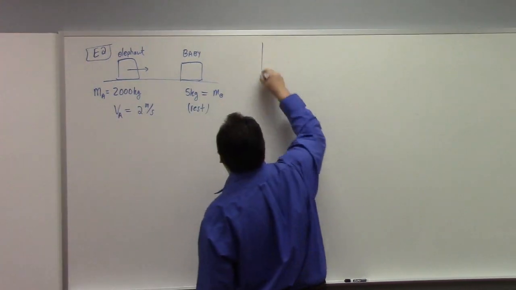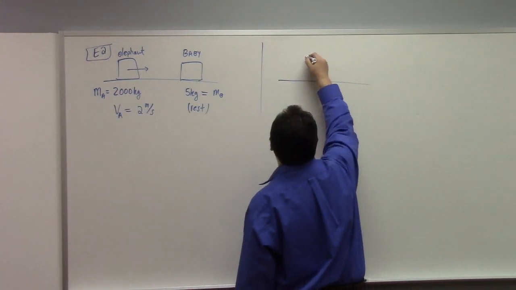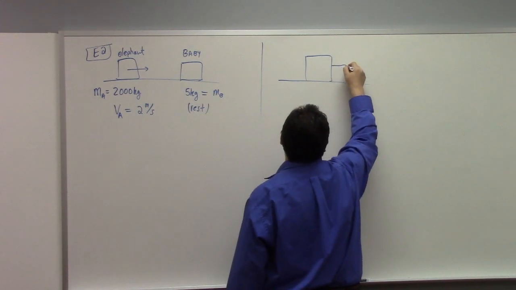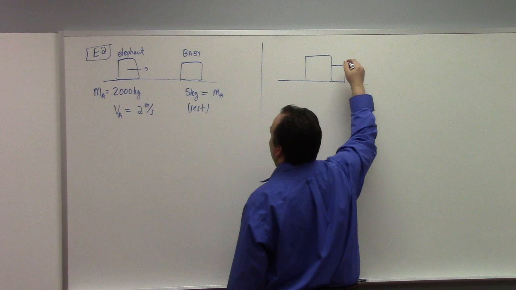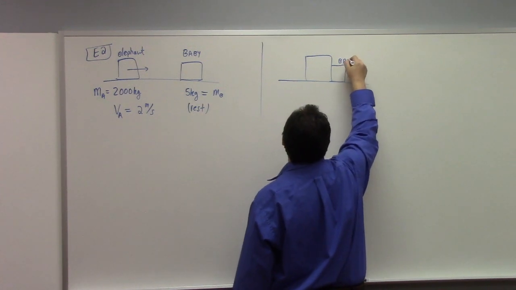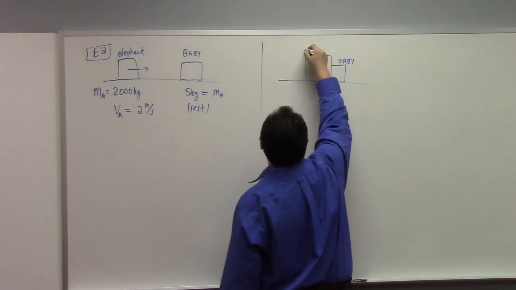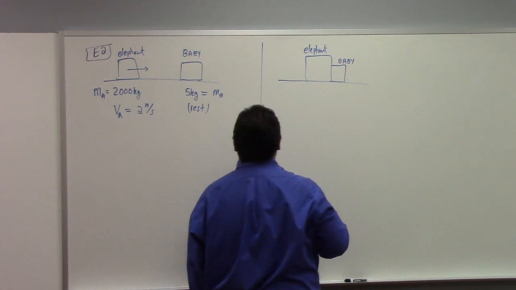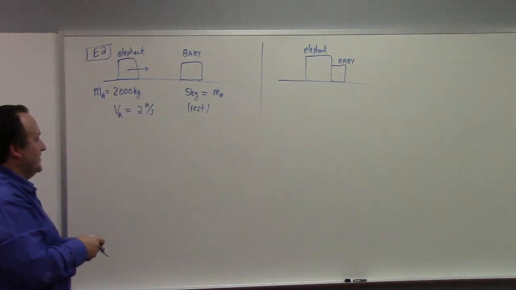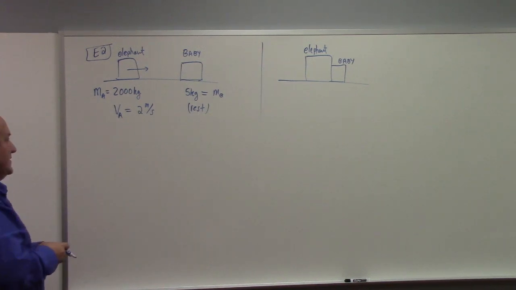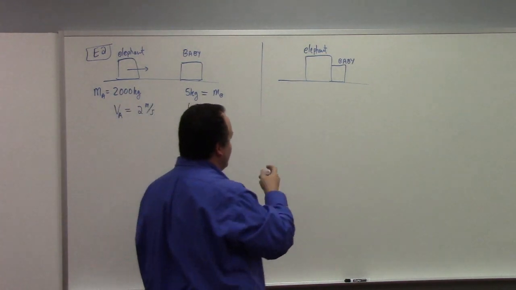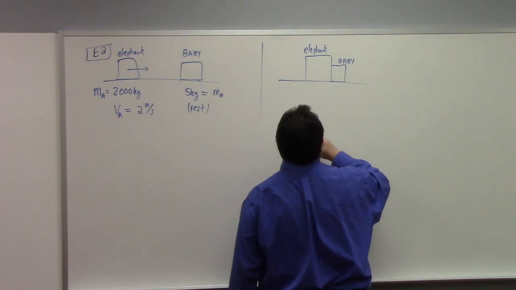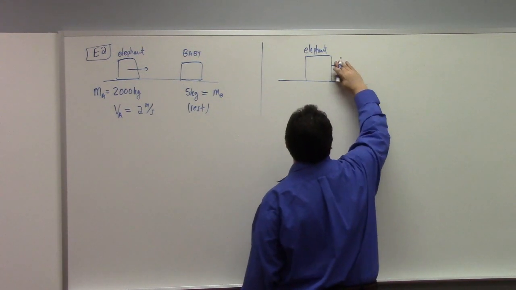And then afterwards, the elephant picks up the baby on its trunk. Baby's fine. Don't worry. So the elephant scoops up the baby in its trunk, and in the process, that's not what I want to say. Sorry, I have to be more violent.